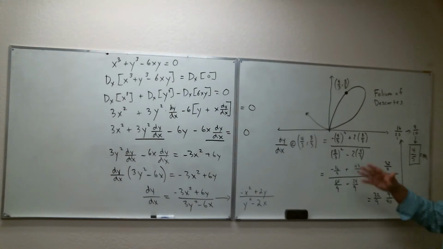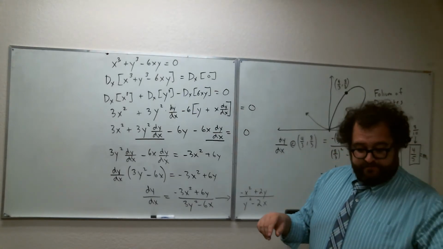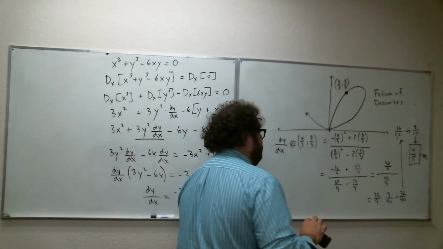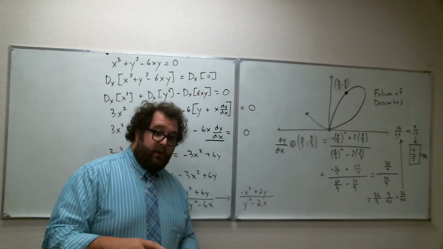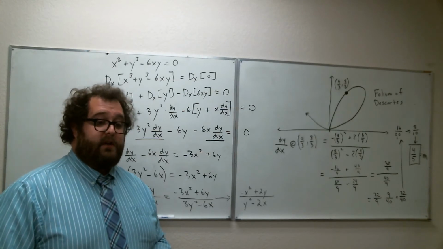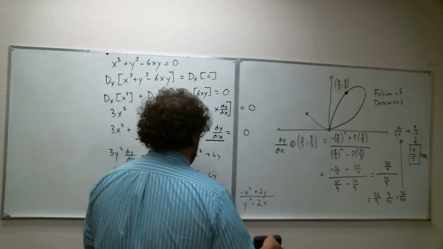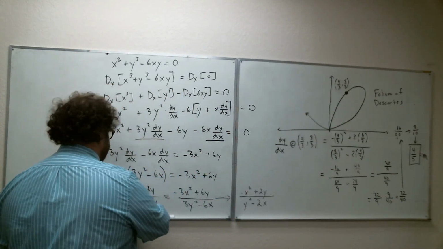Now, that's all our question asked us to do, but let's get a little bit of practice in and do the one step further that we do a lot of, which is finding the equation of the tangent line at that point. It'll just take a few more moments. Let's get some more room though. I'll go over here.